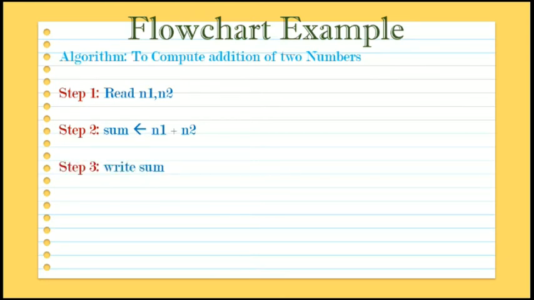So the statement will be write sum. So we took the input in step 1, performed addition in step 2 and printed the result in step 3. In step 4, we will stop the algorithm. So the statement will be exit.